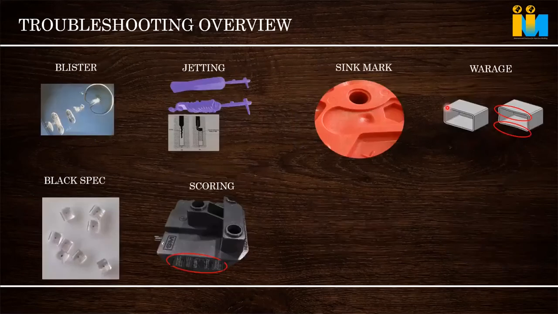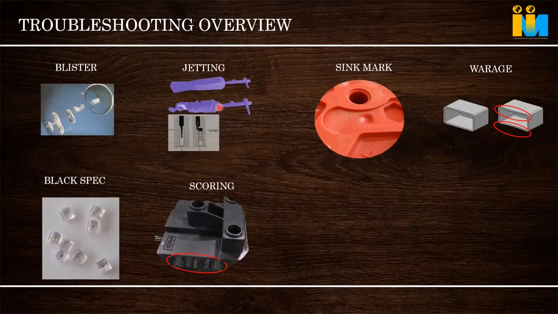Some more issues we can see. Next one is a blister mark. Inside the plastic part, if it is transparent, we can see some type of air entrapment or air bubbles inside the part. Next one is jetting. Jetting means the material will suddenly flow, and we can see a lot of ripples on the part.